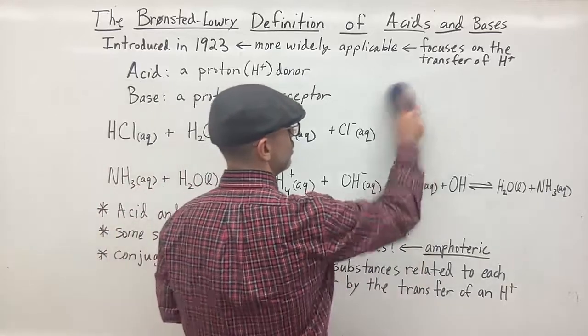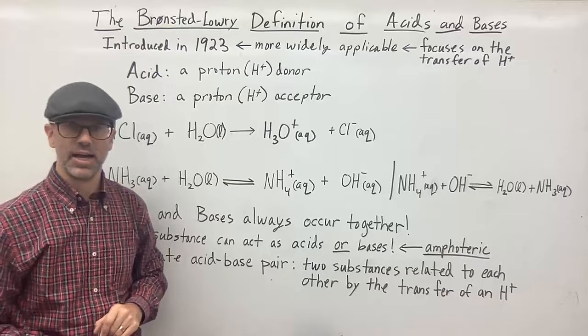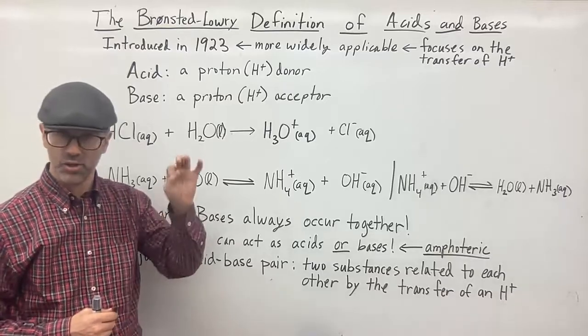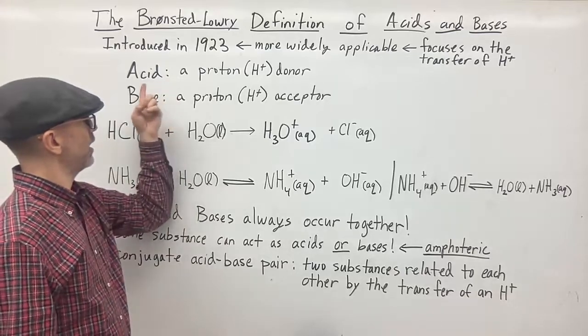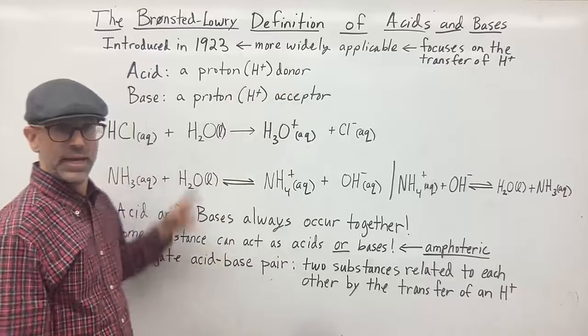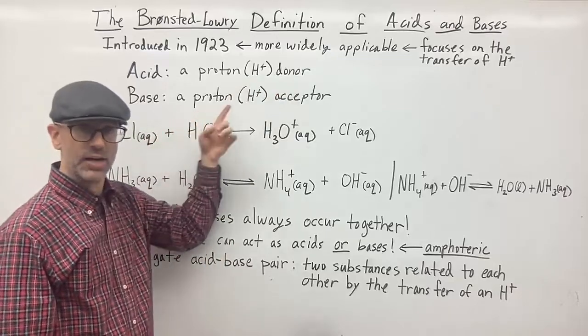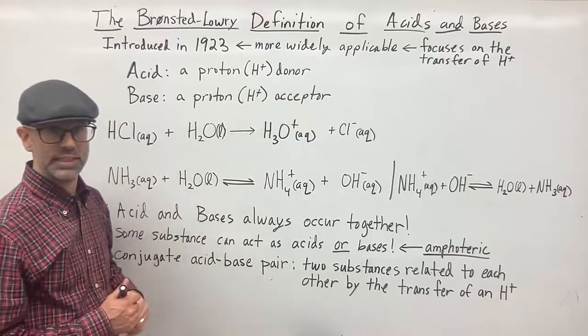So you could call it either way. So we refer to the H plus ion as a proton because that's all that's left. So an acid is a proton donor or H plus donor, and a base is a proton or H plus acceptor. And so here we look at a couple of examples.